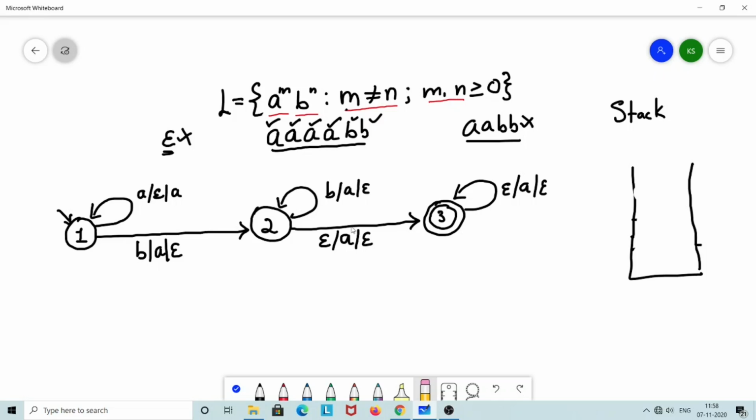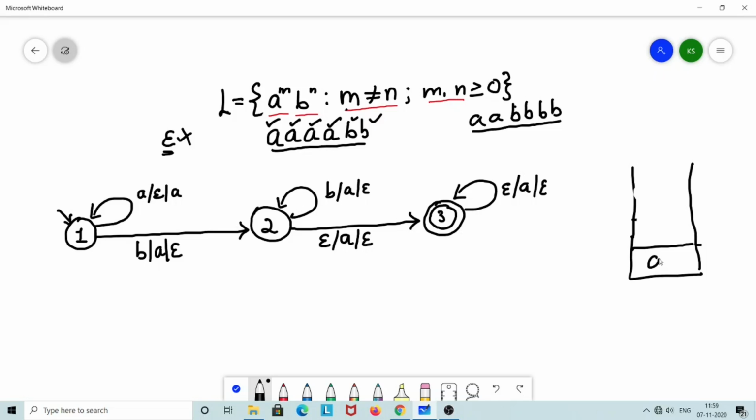But we are not done with the solution. Another scenario is left out, that is if I encounter more number of B's, right? Let us take that example. I'll take 2 A's followed by 4 B's. The starting state is state 1.